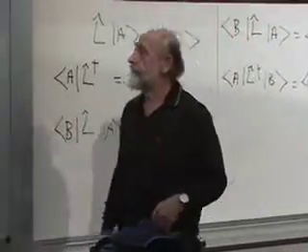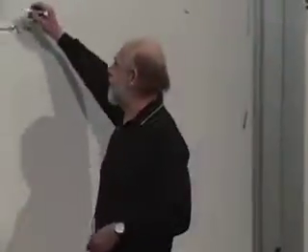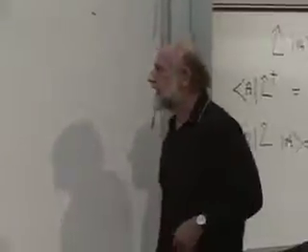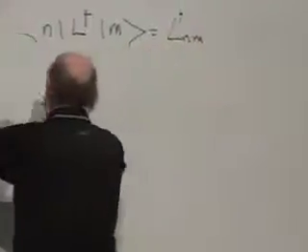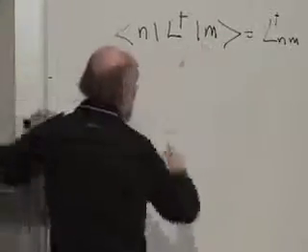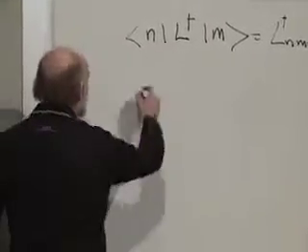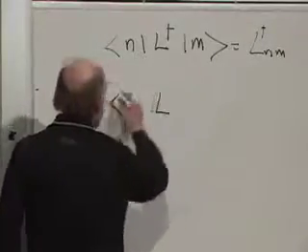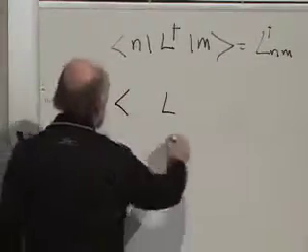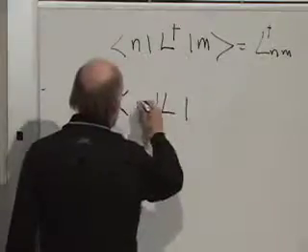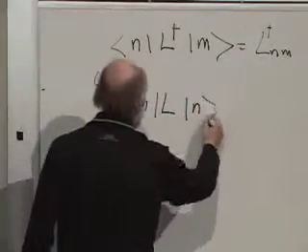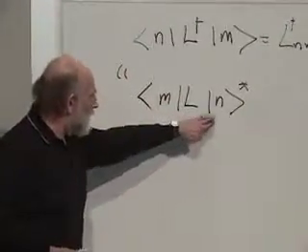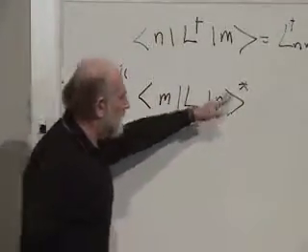Do you want a dagger on the right-hand side? Thank you. I do. That is equal to, this is yet to be defined, or we assume that we know the matrix elements of L, but this is equal to the complex conjugate of the matrix element of L with the bras and the kets interchanged and complex conjugated.